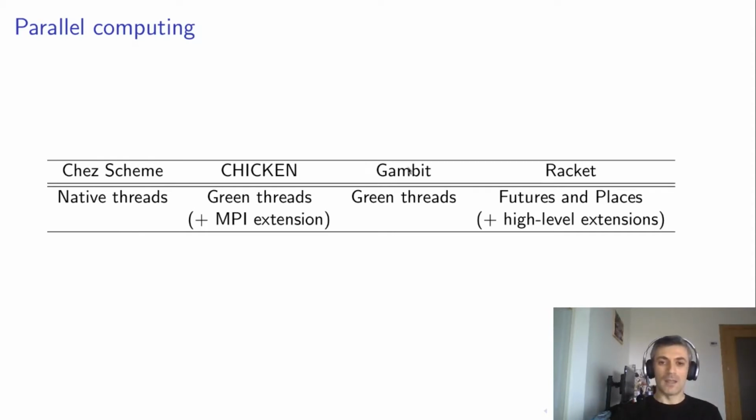Gambit and Chicken, on the other hand, only implement green threads, although Chicken does have an extension for MPI, the message passing interface, which is a popular framework for distributed computing, and it also has a parallel map extension.